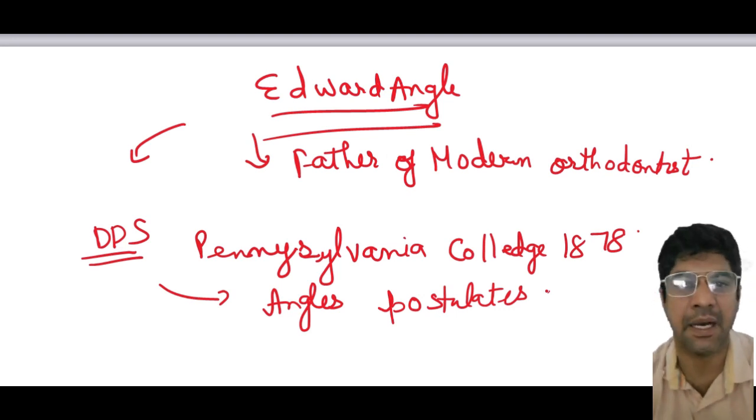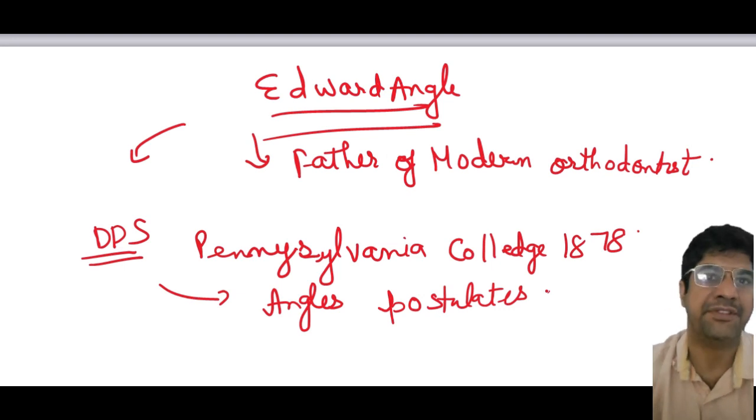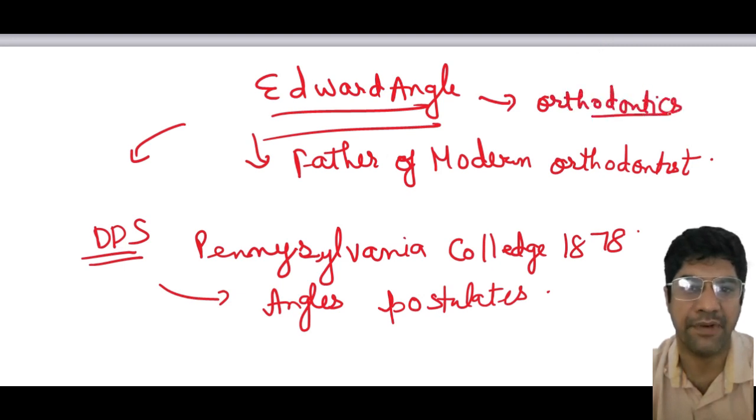He stated that the upper first molars are the key to occlusion and the most stable landmark in the craniofacial anatomy. He also stated the upper and lower molars should be related so that the mesiobuccal cusp of the upper molar occludes in the buccal groove of the lower molar. So he established orthodontics as a separate branch of dentistry.